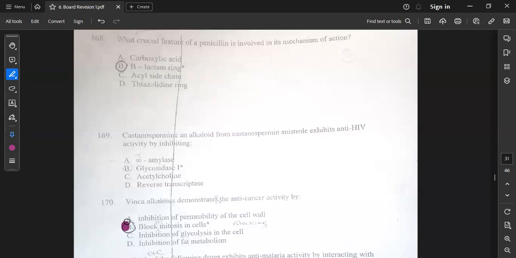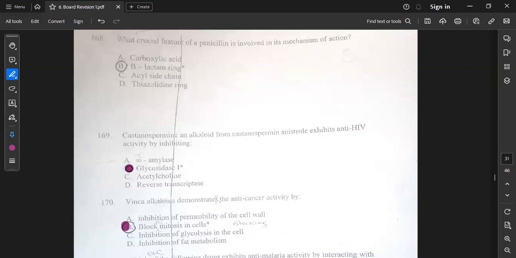Nagal is saying B, glycosidase. Okay, anti-HIV. Glycosidase is usually important in glycosylation of the proteins, the viral glycoproteins in HIV. So if there's disruption of that glycosylation, that will interfere with replication and how the HIV will affect the human cells. Okay. Thank you.